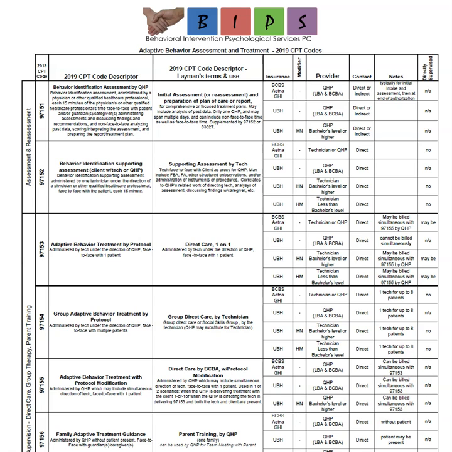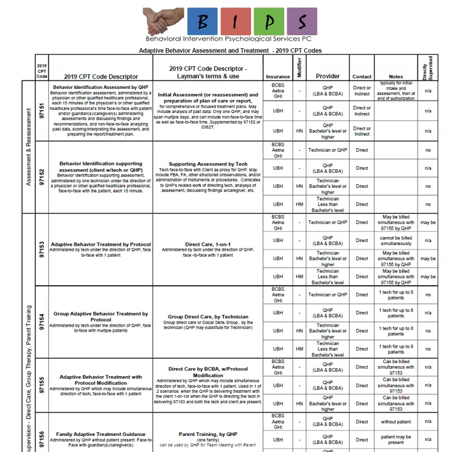This might include doing an FBA, an FA, a BIP, or other structured observations, and/or administration of instruments or procedures. Okay? So this is directly correlated to the QHP's work of directing the technician, analysis, and assessment. This is only done on rare occasions by the technician and only when specifically directed by the QHP.